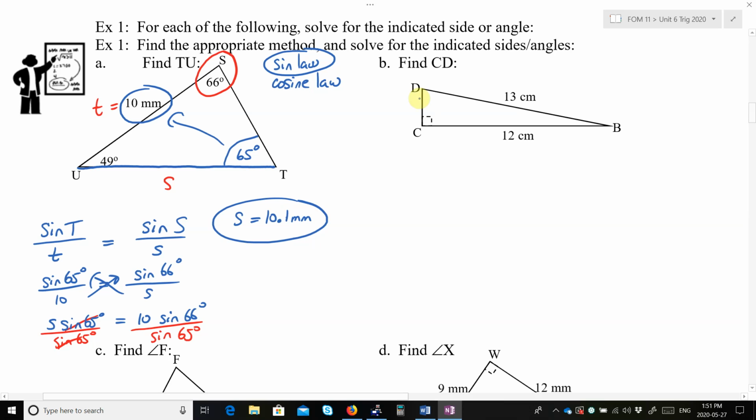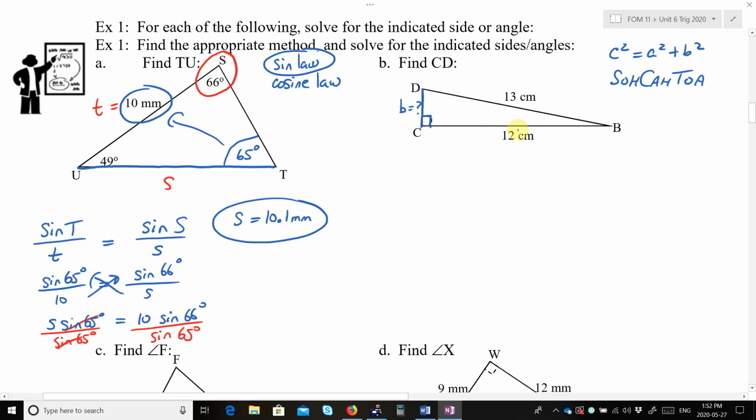In letter B, they want us to find CD, and notice they're showing a 90-degree angle, and in a right triangle, we can either use Pythagoras possibly, or SOHCAHTOA. We are trying to find this side CD, which we could label little letter b.